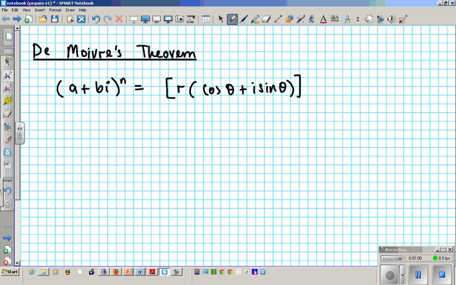If you're raising a complex number in rectangular form to the nth power, it's the same thing as raising its polar formulation to the nth power.